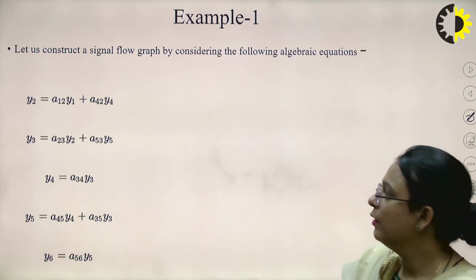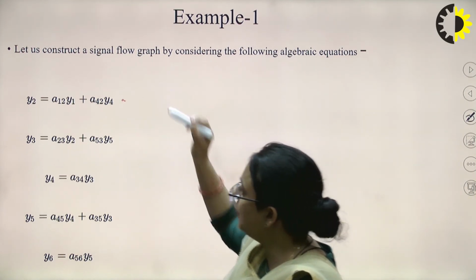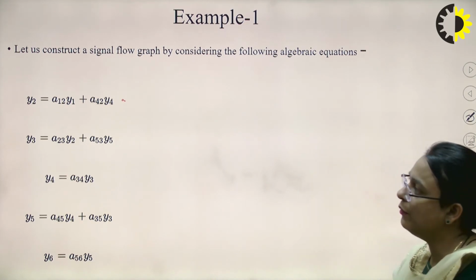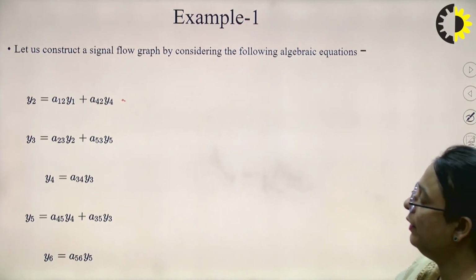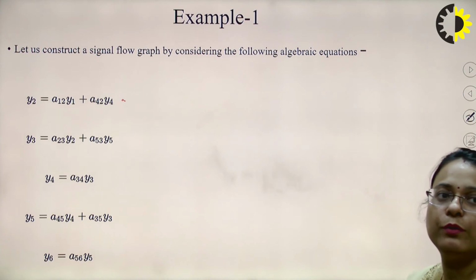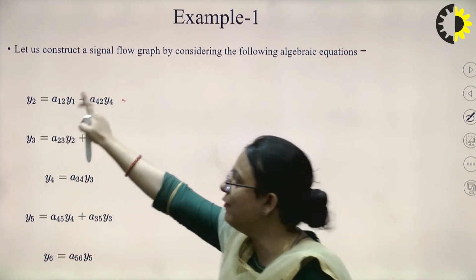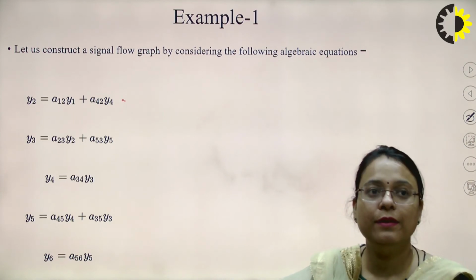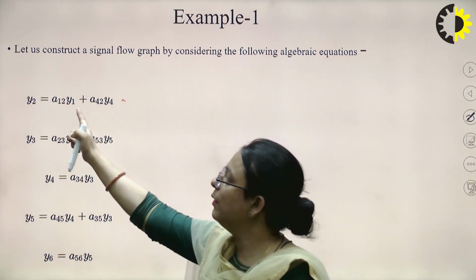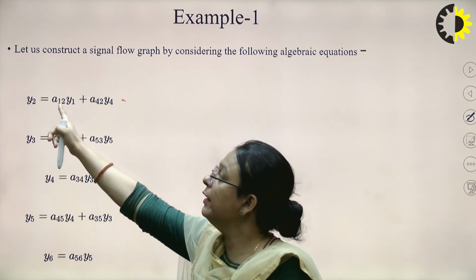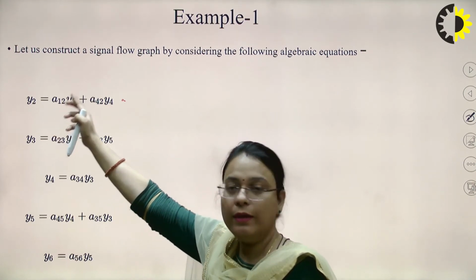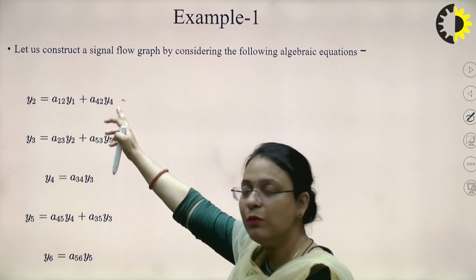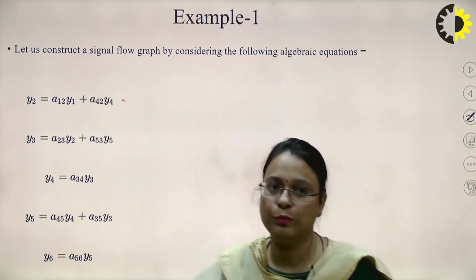One of the equations given to us is y2 equals a12 into y1 plus a42 into y4. That means y2 has two signals incoming towards it. First is variable y1 with gain a12. Another is variable y4 with gain a42.